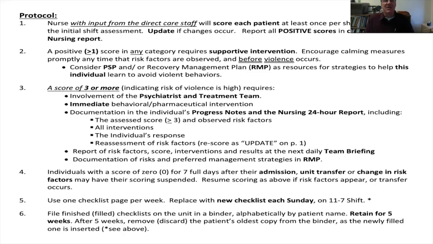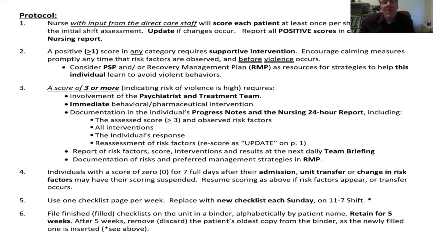As to documentation, this will be done in the individual's progress note and on the nursing 24-hour report, including the assessed score of greater than 3 and observed risk factors, all interventions, the individual's response, and a reassessment of the risk factors. In other words, the update, which we discussed earlier.